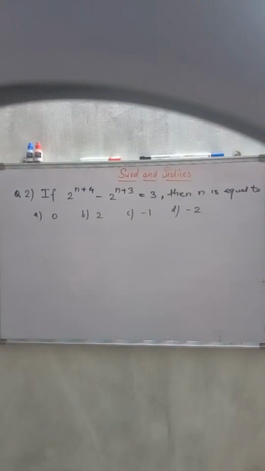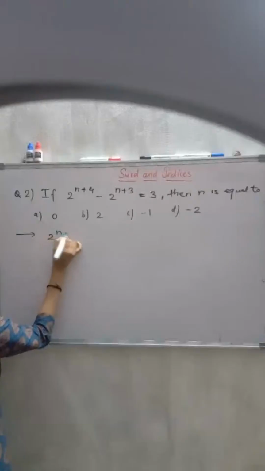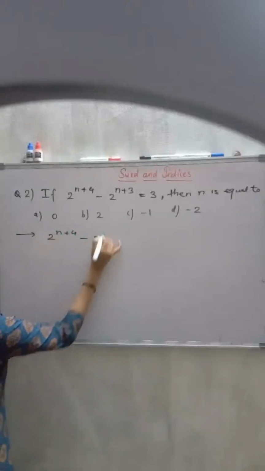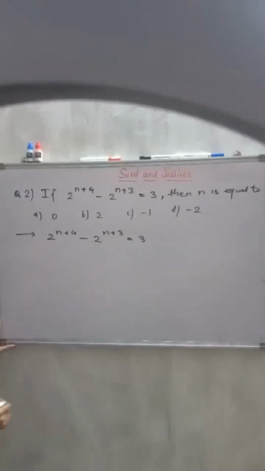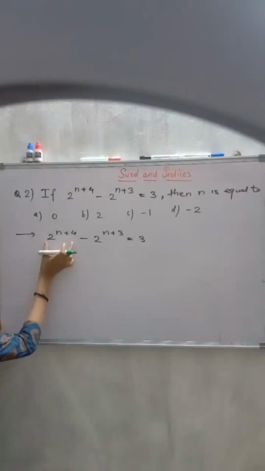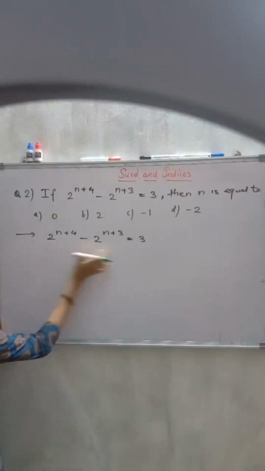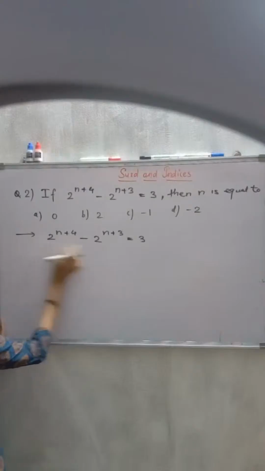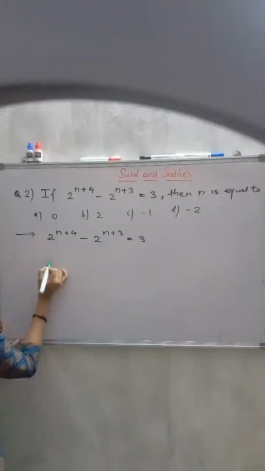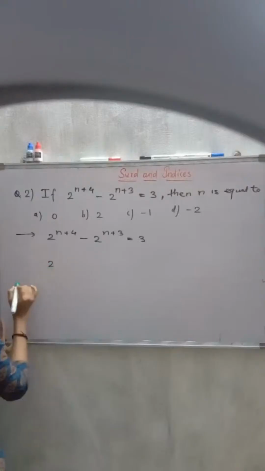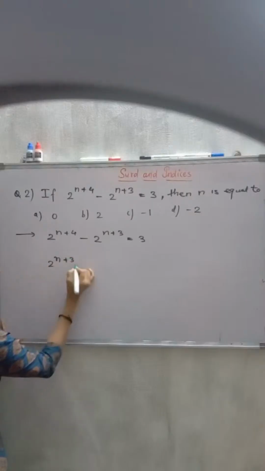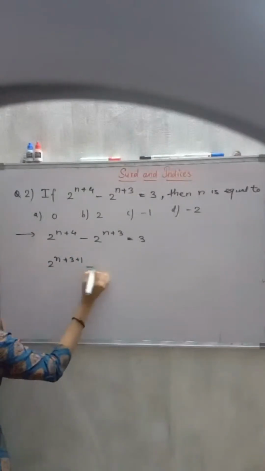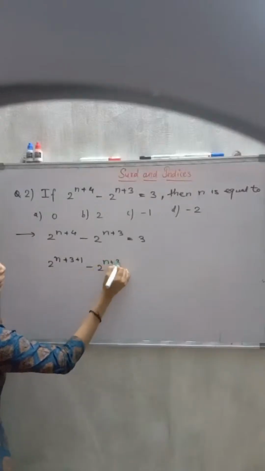So here we have given 2 raised to n plus 4 minus 2 raised to n plus 3 equal to 3. What we will make, first of all, either we can split the powers or we can make the powers equal. We can write this as 2 raised to n plus 3 plus 1 minus 2 raised to n plus 3.